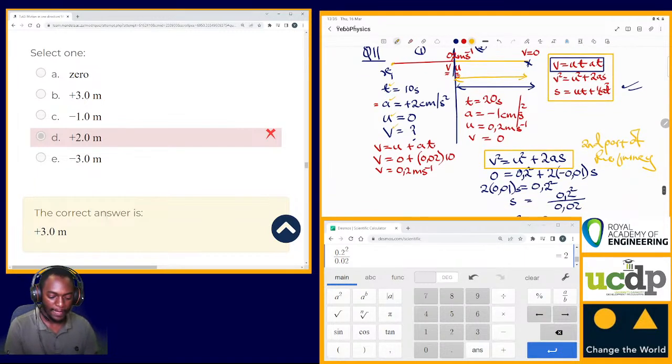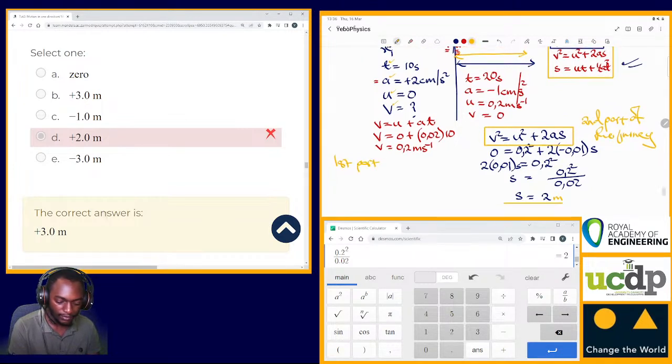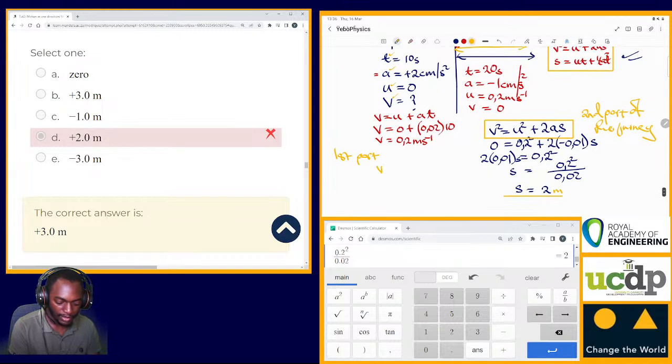So we can actually do the same and calculate for the first part. v squared is equal to u squared plus 2as. The final velocity we now have is 0.2 squared. Our u is 0, plus 2 times our acceleration, which we said is 0.02, times s.